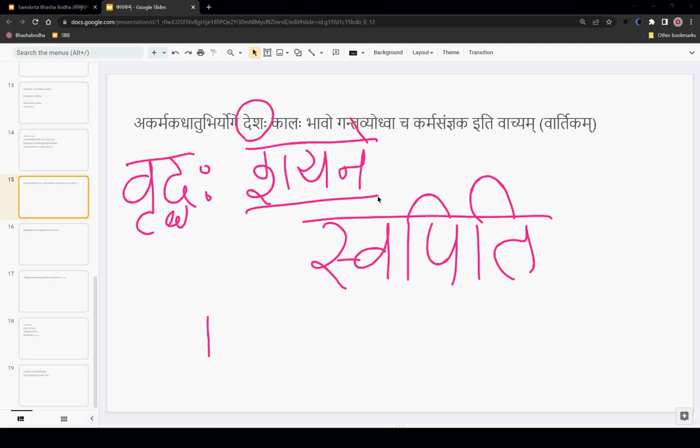It indicates place. Desha means place, it doesn't need to be like a country. This Shayana is also Desha only, it's a place. But it could be a country, it could be any region, anything. So Desha could be Bharata Desha also, or any smaller Rajyam also, any region.